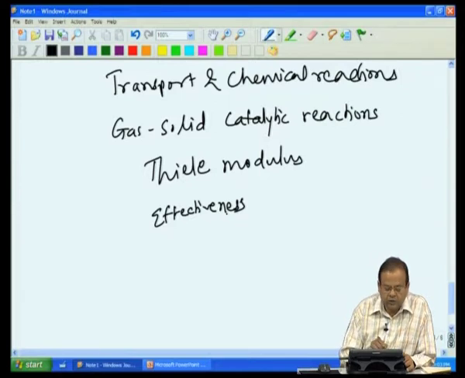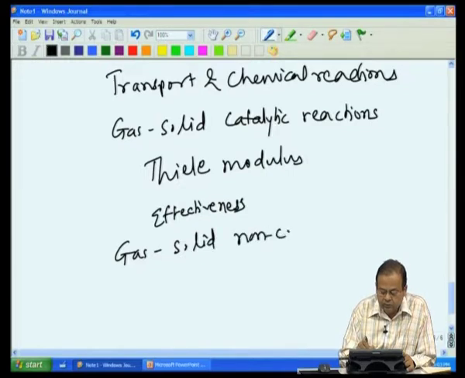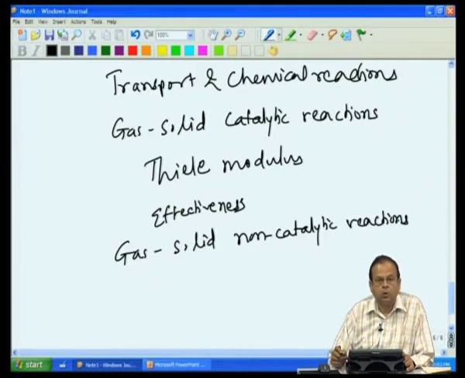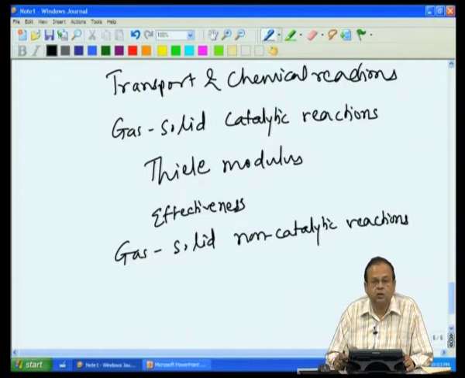We also applied the similar ideas to gas solid non catalytic reaction. Where we said that things like diffusion are still the same, except now the solid is not static, that is it is undergoing a change.